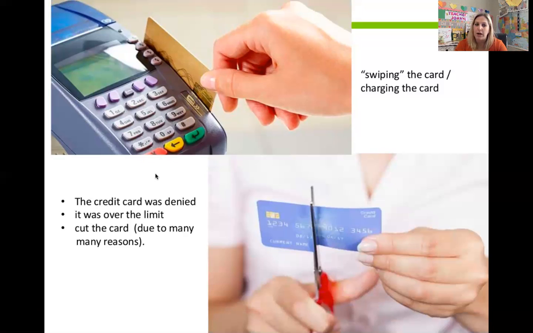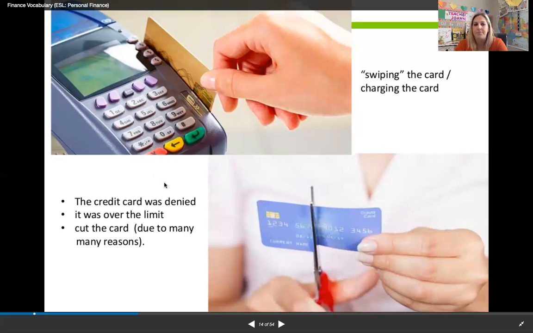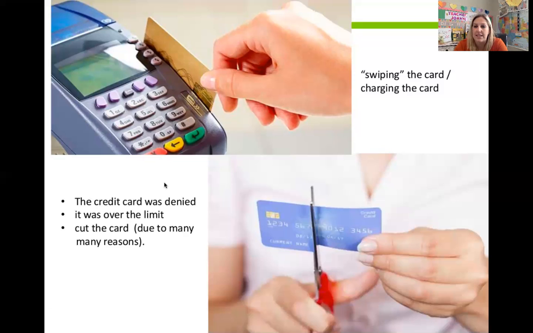The same goes for if you have a credit card. When you're charging something that technically isn't coming from your bank account, it's a line of credit, your purchases have an interest rate attached to it.